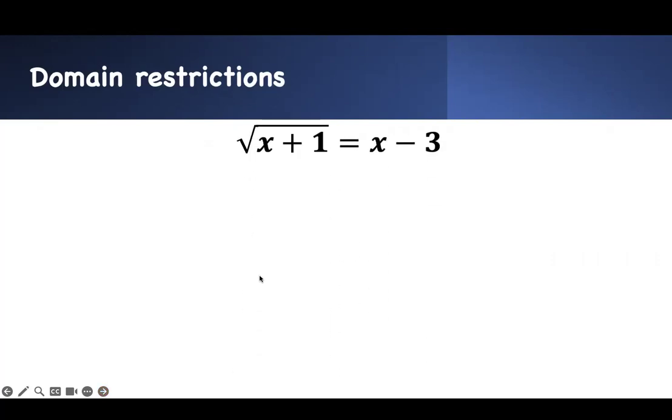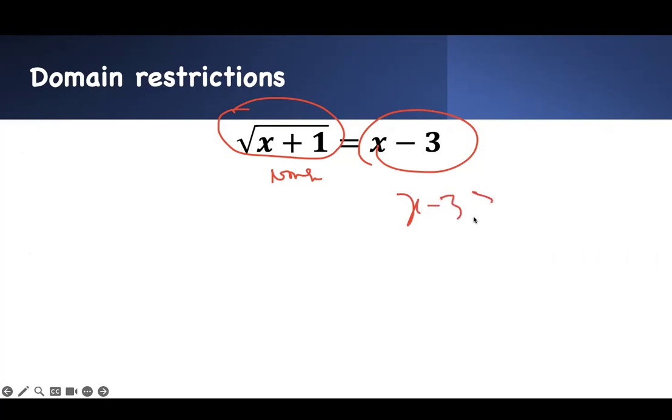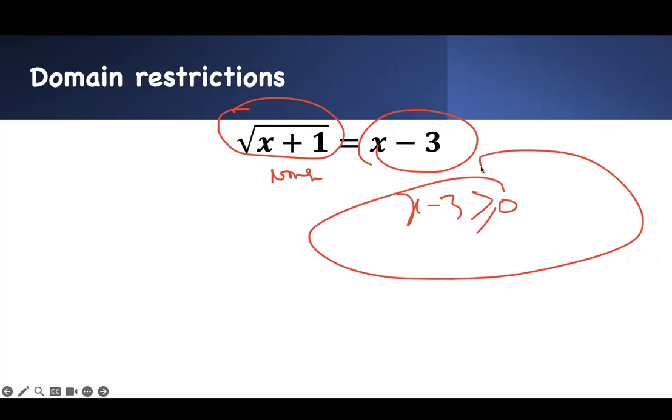Next one, domain restriction. This is my favorite. You see an equation, the square root of x plus 1 is equal to x minus 3. Don't solve this until you prove that this is true. That means x minus 3 should be greater than or equal to 0. This has to be your key. After you solve this, you've got to put your answer choice in and make sure it satisfies the equation.